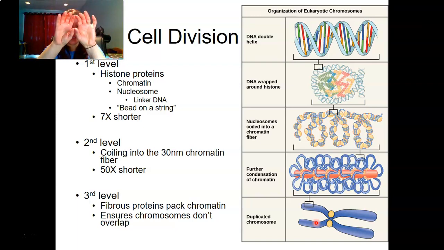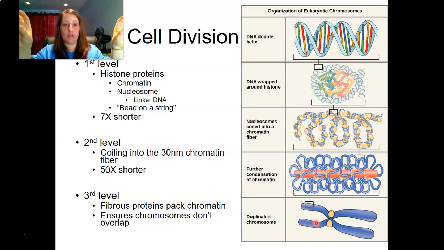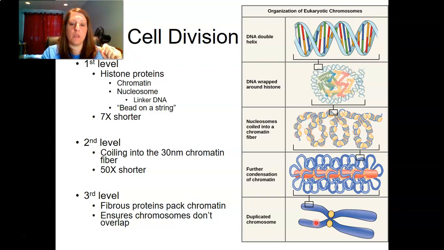We go from a double-stranded linear piece of DNA to nucleosomes, or beads on a string. That's that first level. The second level, we start to coil that up even more into the 30 nanometer chromatin fiber, which then becomes even more compact, and that last level is actually called the chromosome. Again, why does our DNA need to do this?